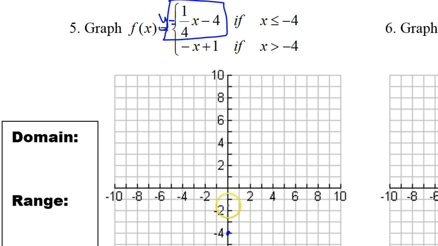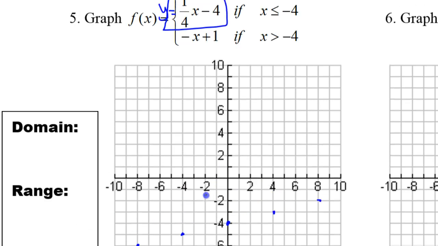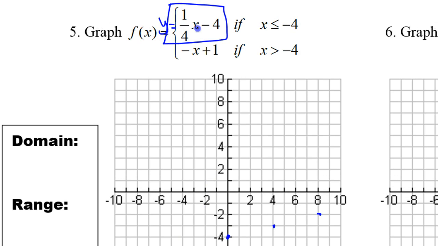Now 1 over 4, that means up 1, right 4, up 1, right 4. I could put more points to the left by going down 1, left 4, down 1, left 4, down 1, left 4. So these points show me where the line y equals 1/4 x minus 4 is.